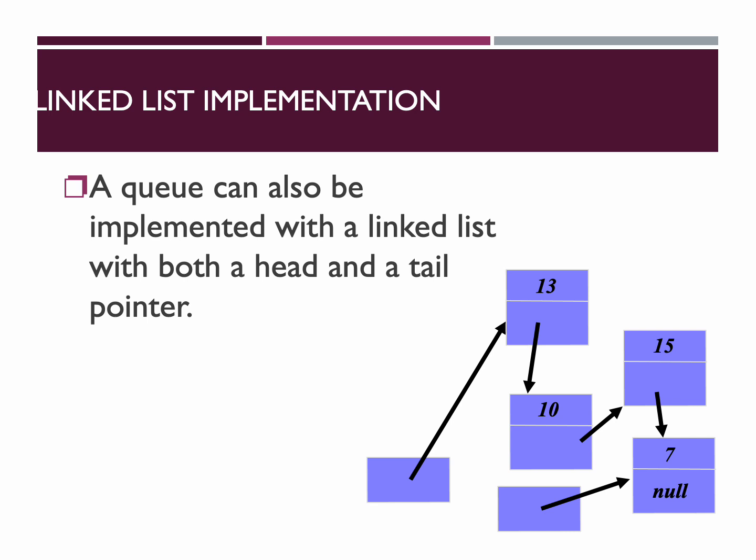As I said, it can also be used to implement a queue, but we must maintain both a head and a tail pointer because we need access to both the front and the rear of the queue. If you look at this linked list, one node is pointing to the next node. So we'll see the implementation here.